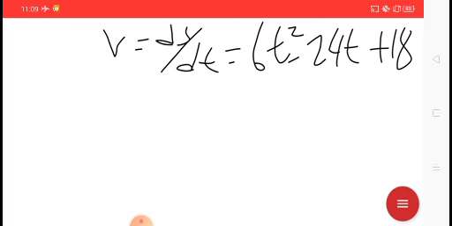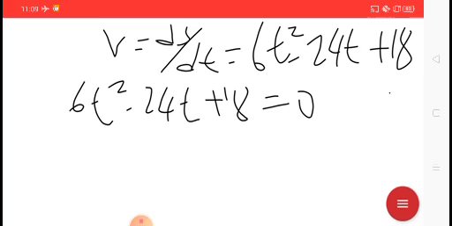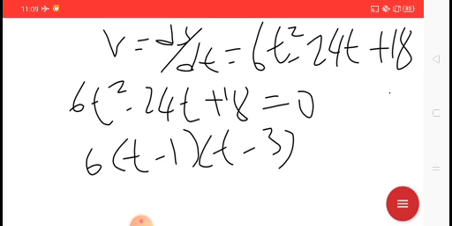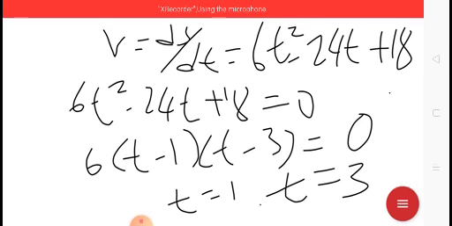When v equals 0, 6t squared minus 24t plus 18 equals 0, and if you factorize, you will find t equals 1 and t equals 3.